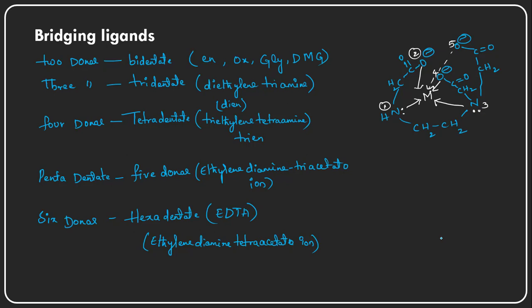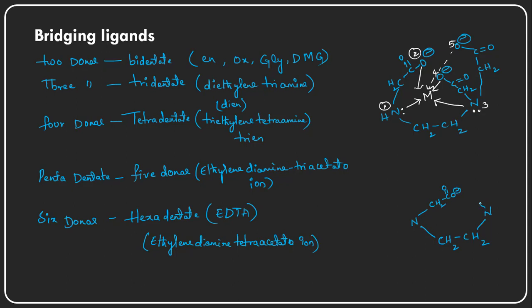So ethylene means one ethylene group is there, CH2, and here diamine means 2 nitrogens are there, and they are having an acetate group, CH2CO minus.